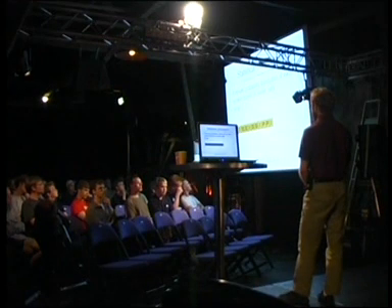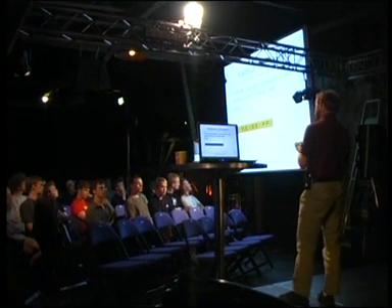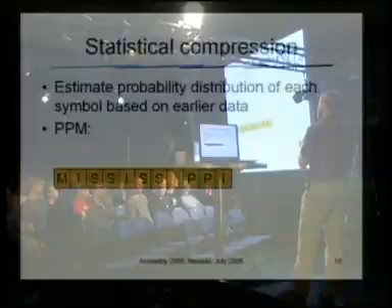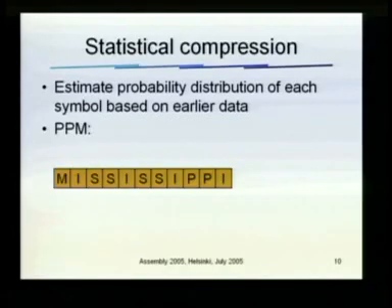One of the most known approaches here is the one called PPM, prediction by partial match, which looks at the few characters just before the one that's going to compress, and then it sees if it has seen that sequence of characters before. And if it has, it guesses that the next character is probably one of those that follow the sequence last time it was seen.